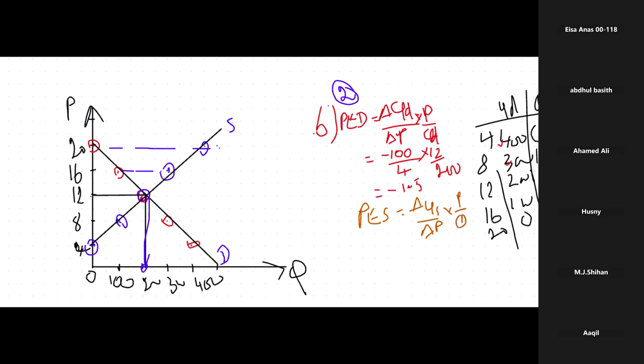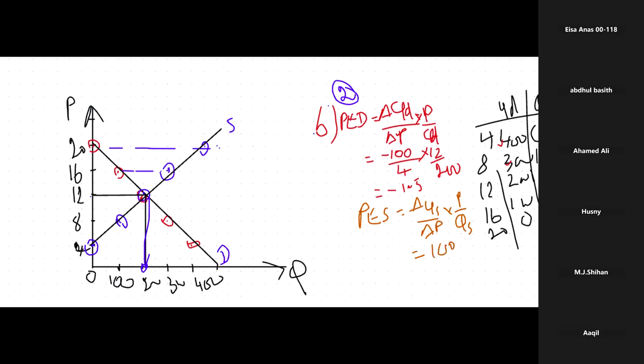Delta QS means change in QS. Change in QD when going from 400 to 300 was minus 100. So change in QS, from 0 to 100, is plus 100. Change in price: 4, 8, 12, 16, 20, like that it's coming.